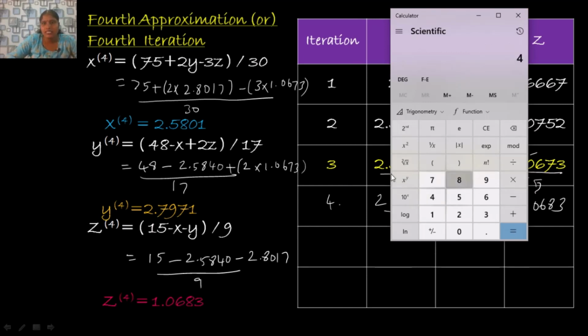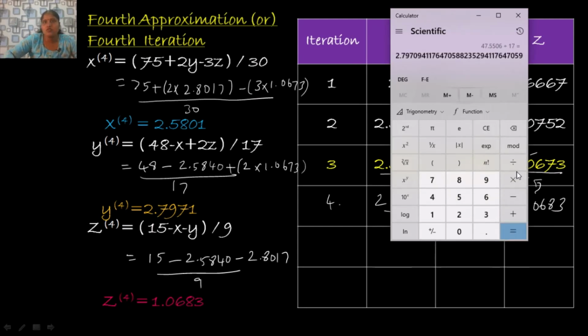Next we calculate the value of y in the same way. So 48 minus 2.5840 plus, within parenthesis, 2 product 1.0673, close the parenthesis, which equals 47.5506, and you divide this by 17.